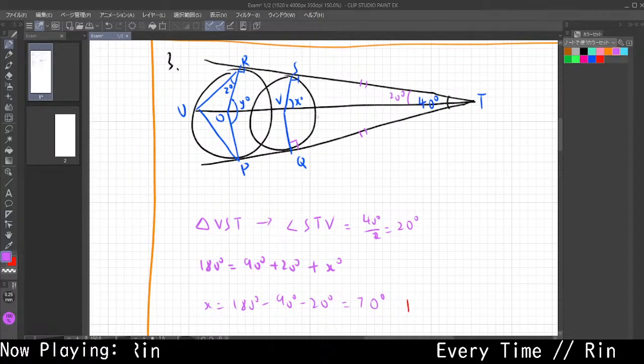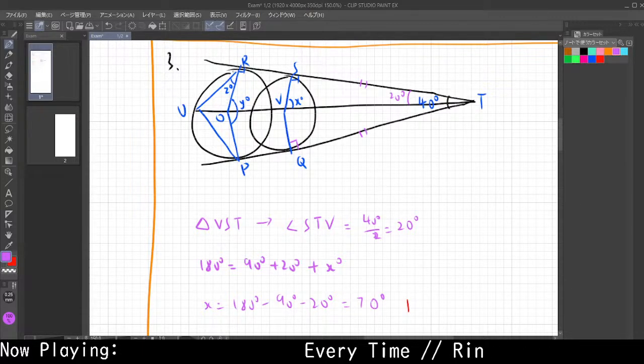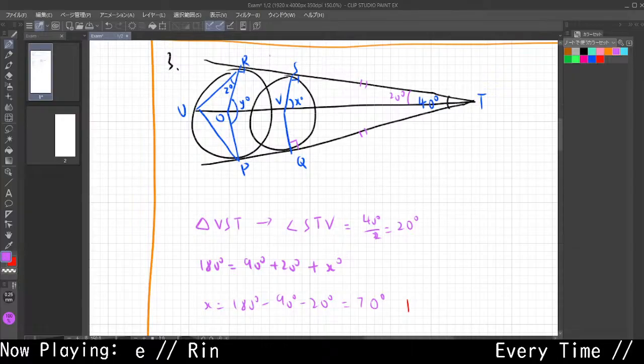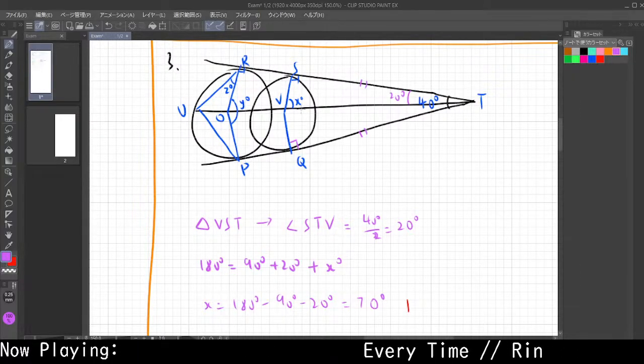Okay, next y. Since both VS and OR are radii from the center to your tangent, both are parallel, therefore your ROV will be equal to x.